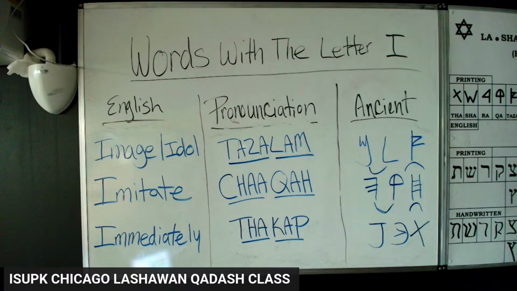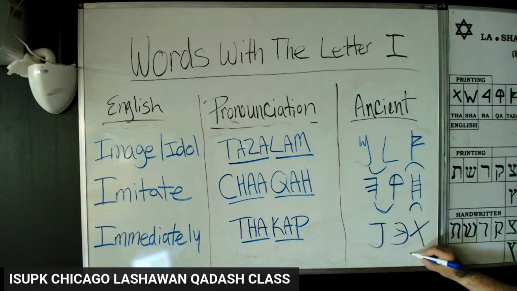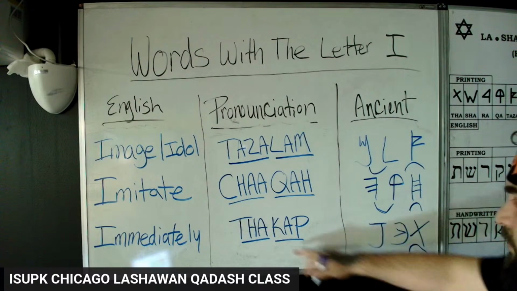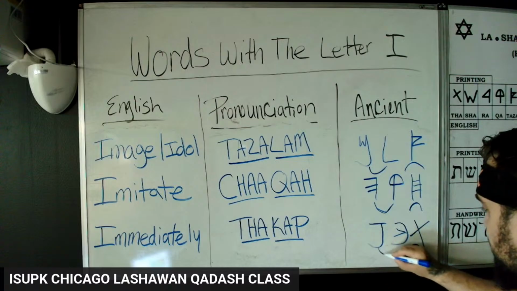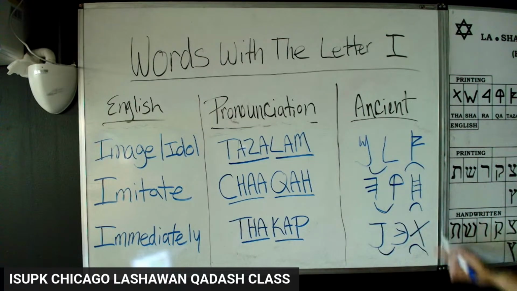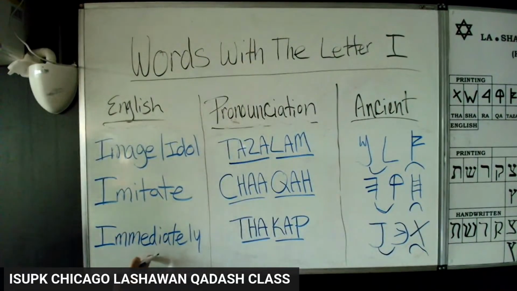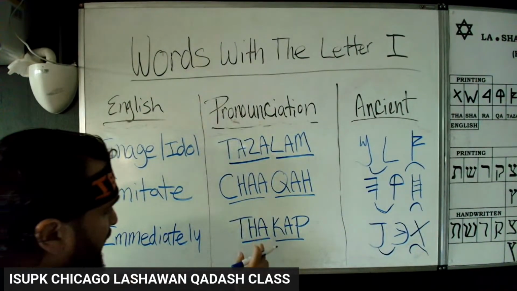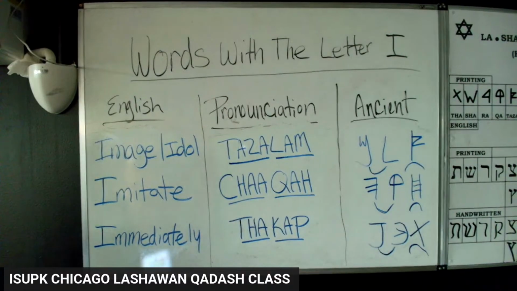All right. So you got tha right here. Then you got ka and pa connected. Tha ka. Immediately in the English, in the Hebrew is tha ka. And that's how you write it in the Hebrew.